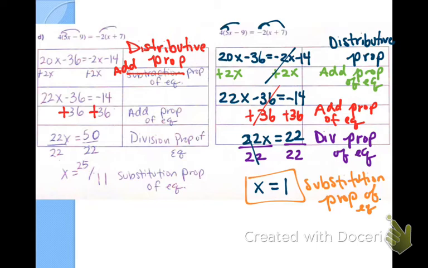So they should have added 36. And then that would fix everything else. From there, they used the division property, which we did. And then they used the substitution property, which would mean x equals 1. Everything else would have been fine if they had added correctly.